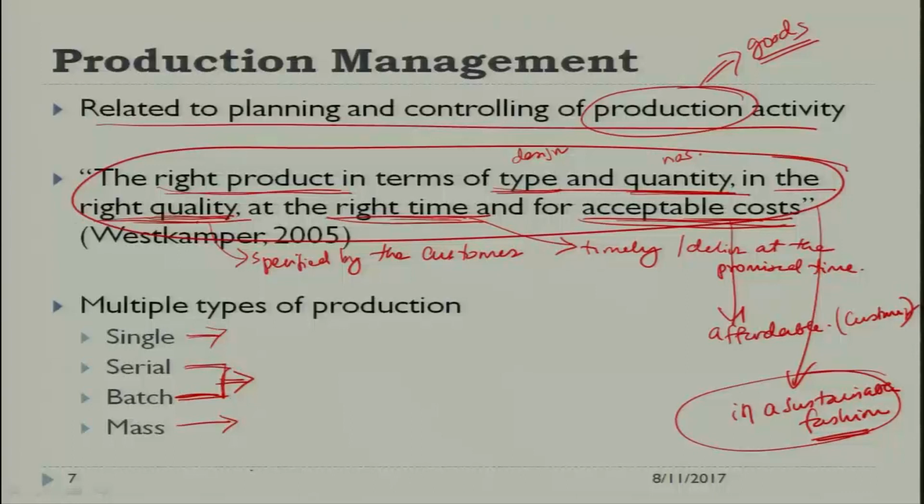So, single, serial, batch and mass are the different ways. Some people do distinguish between serial and batch, but for this course we can consider both of them to be the same or interchangeable systems.